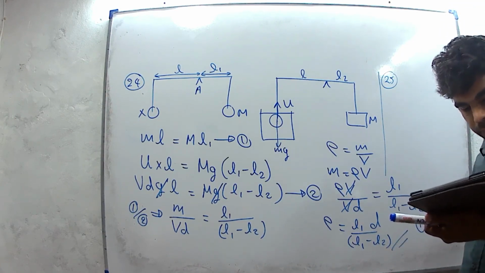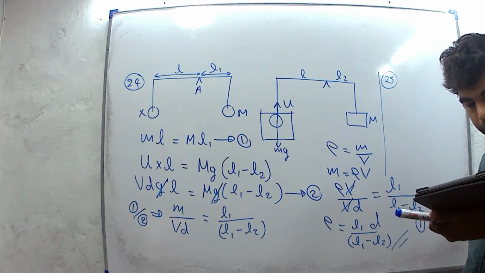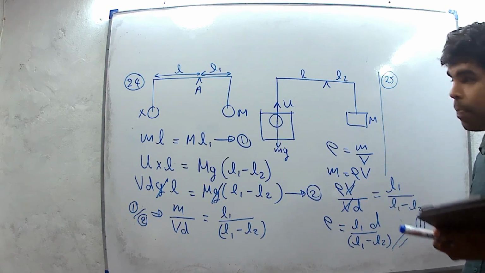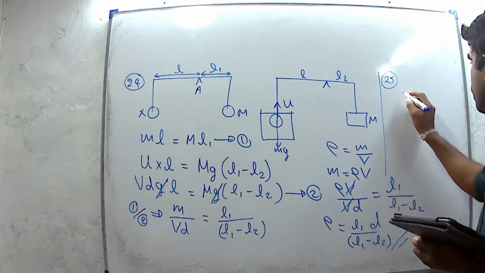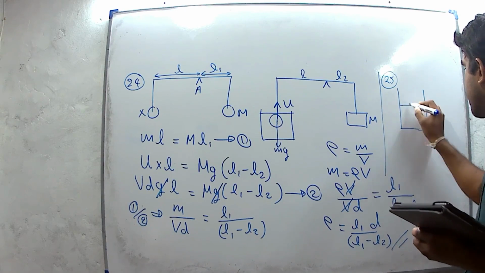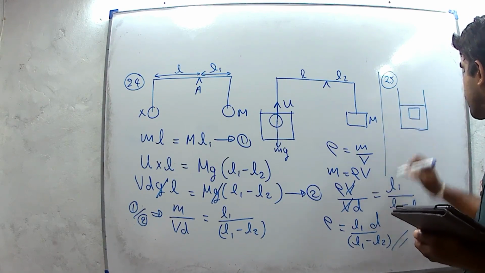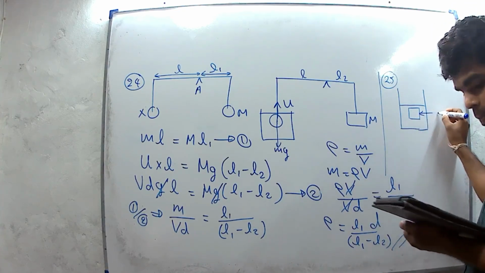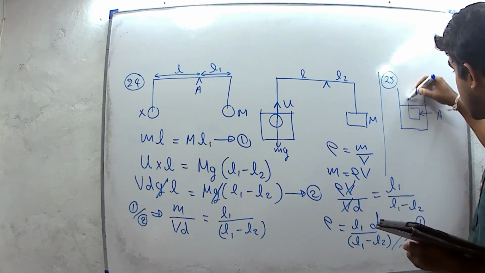And we have to find the immersed portion of cube B. Now I will consider the system like this, with the same dimensions. Cube A is completely immersed and cube B is like this.